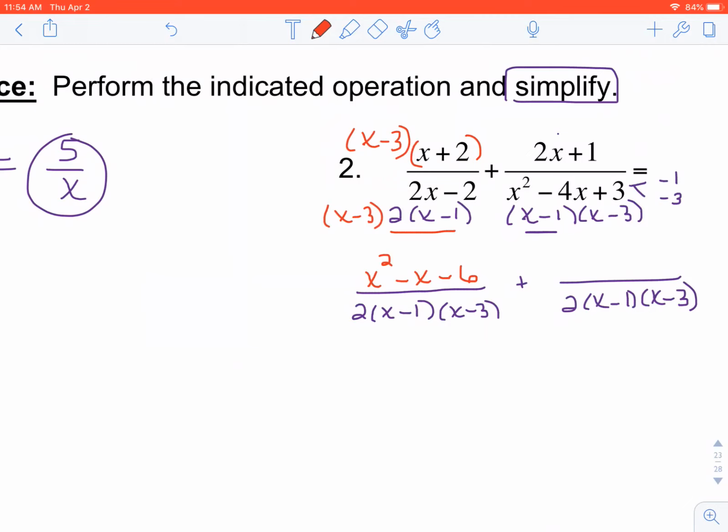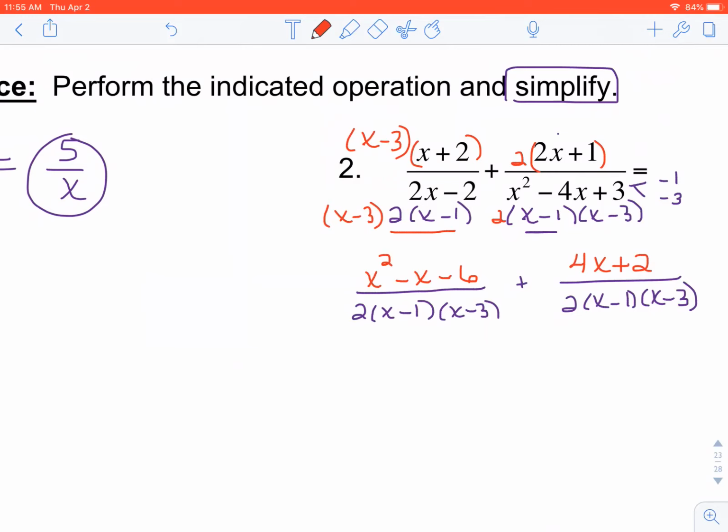The second fraction on the right has the x minus 1 and the x minus 3, but it doesn't have the 2. So we need to multiply by the 2, its missing part. So that, when you distribute, gives you 4x plus 2. So the last part here, we now actually have to do the addition because our denominators are the same.